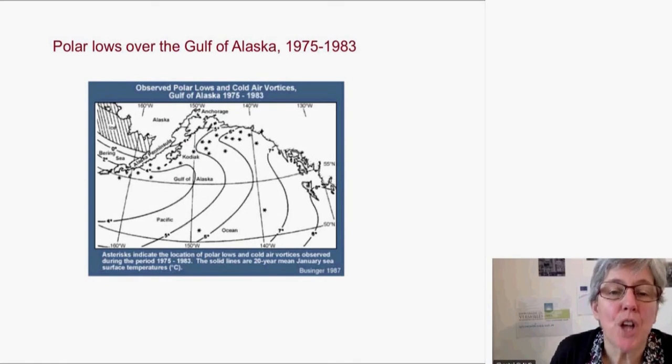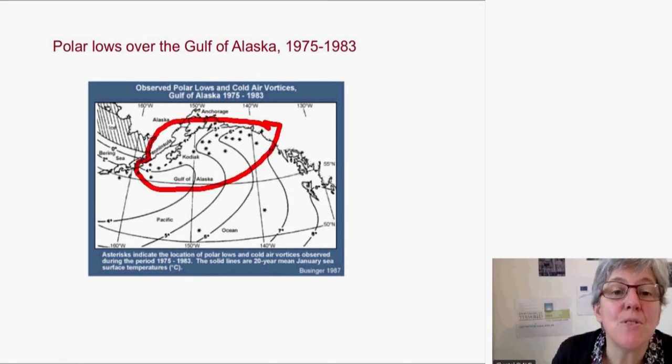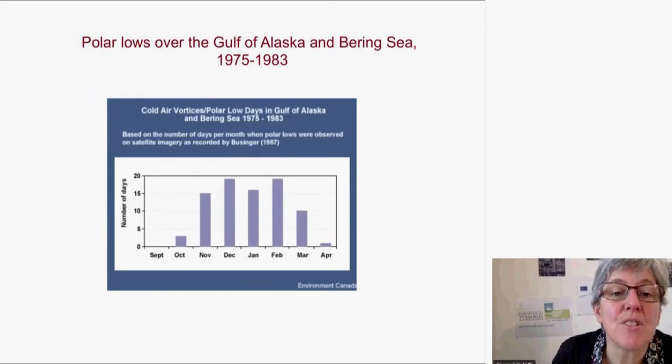Just to show that over other areas, the situation is not that much different. These are systems which have formed over the Gulf of Alaska during a certain period of time, and you see the stars are polar lows, mainly here. And if you look again at the distribution, for example, by months, you see that you have a maximum between November and March.